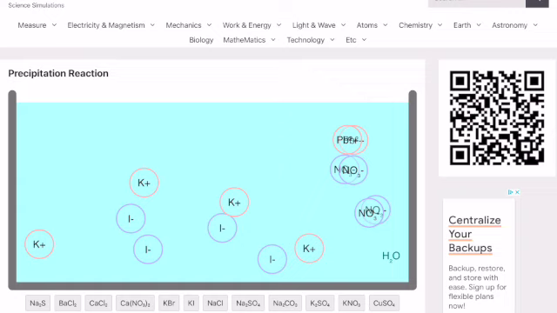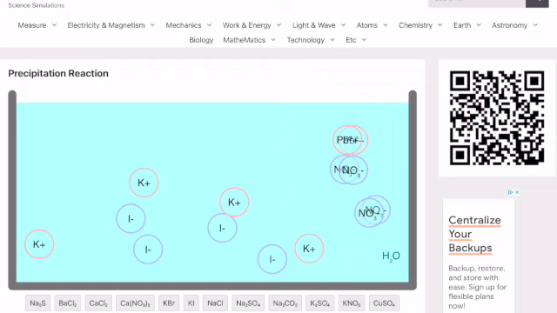What we notice to begin with is that I actually don't have potassium iodide or lead 2 nitrate. I know the leads and the nitrates are together on the screen, but that's just because of the simulation. We've talked about that. What we really have is just a container full of ions.